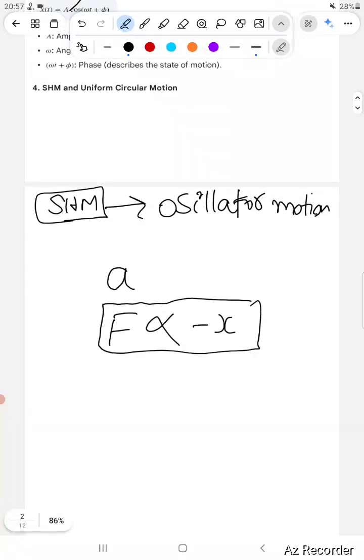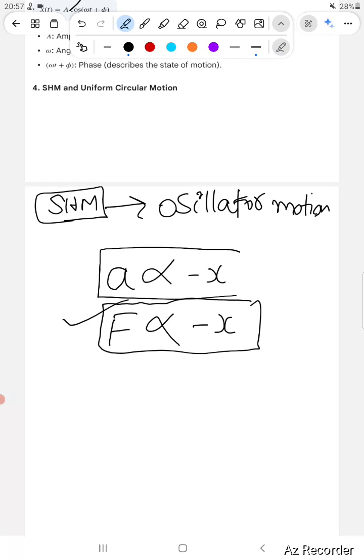This is the definition of SHM. Simple harmonic motion is a type of oscillatory motion in which an object moves to and fro about a mean position, and the necessary condition for an object to be in SHM is that the force or the acceleration acting on the object is directly proportional to the negative of the displacement.